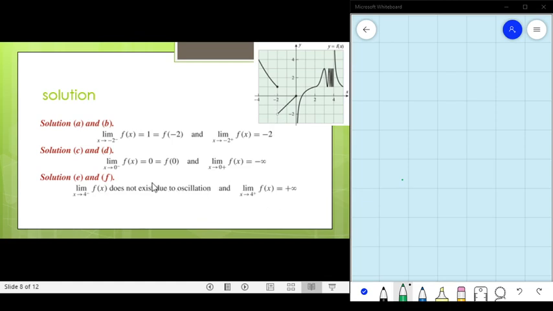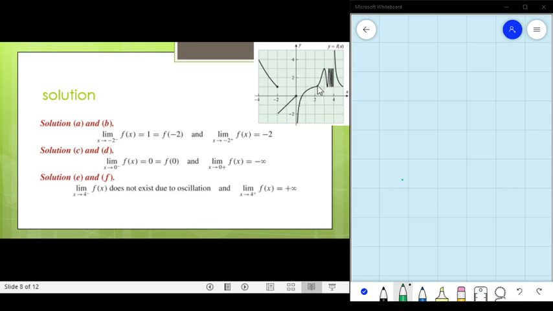Okay. Next is the limit of f of x as x approaches 0 from the left, which is 0.